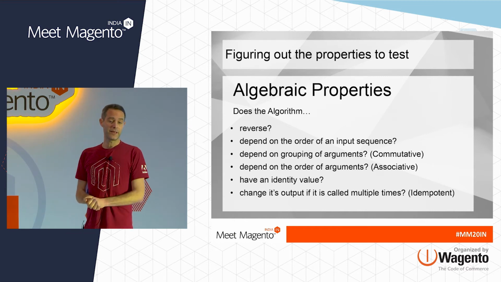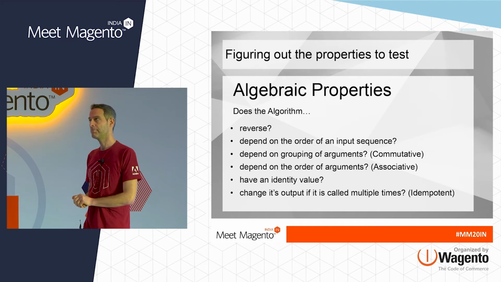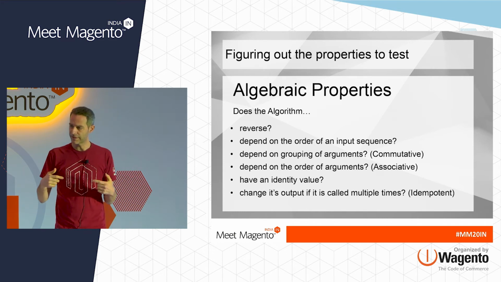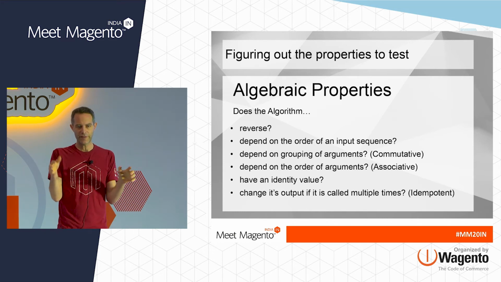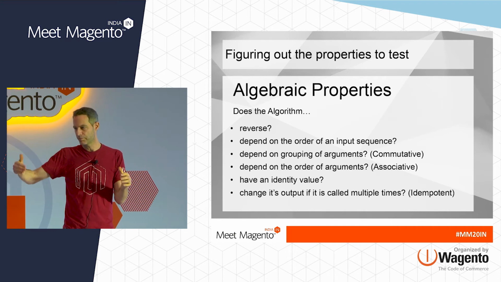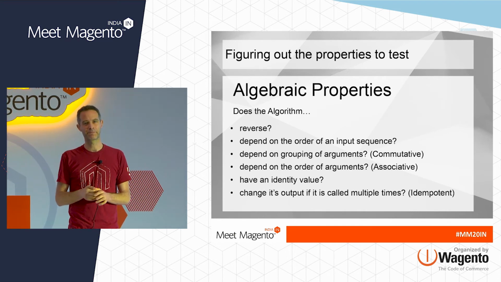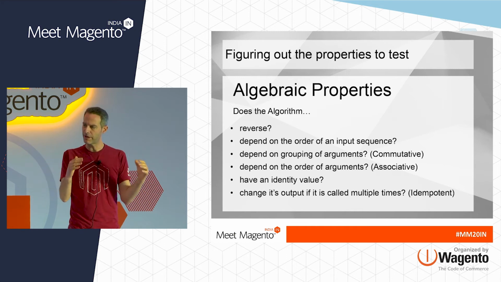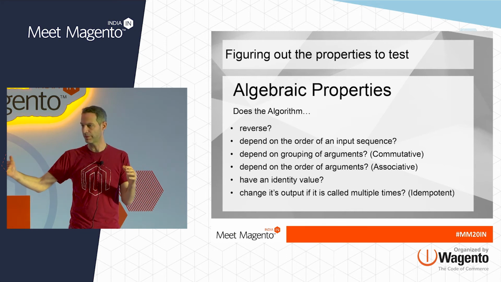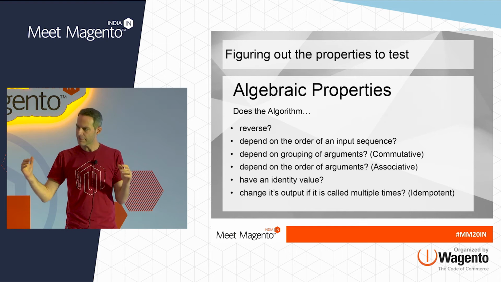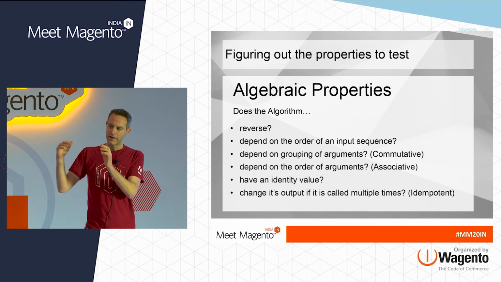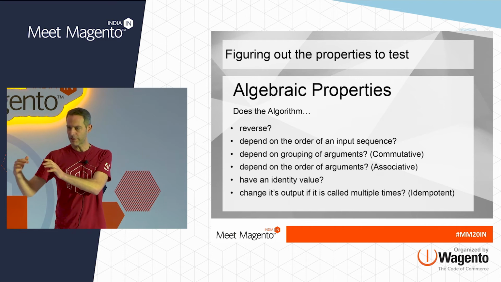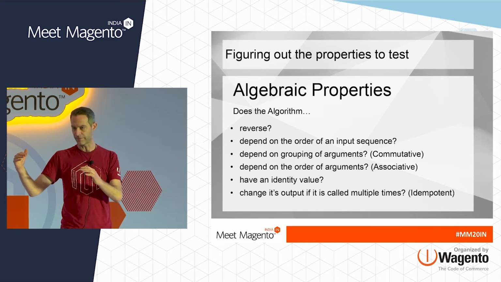Another possibility is if I have multiple inputs and it's a binary operation, can I group them in different ways? So if I take A and B and apply my function and then take that result and apply it to C, will that be the same output as if I have B and C, apply that to my function, and then apply the result with A?